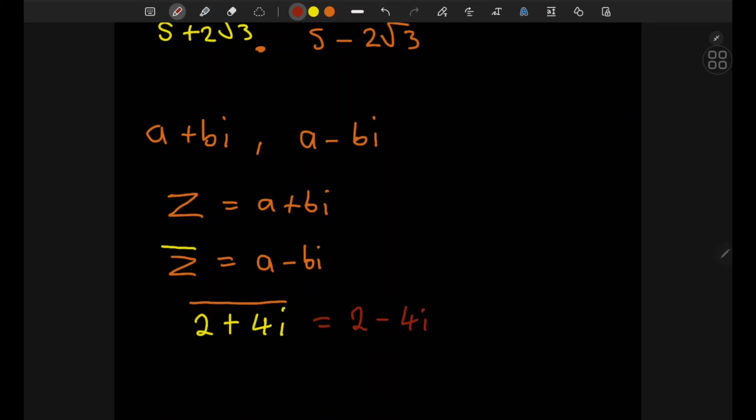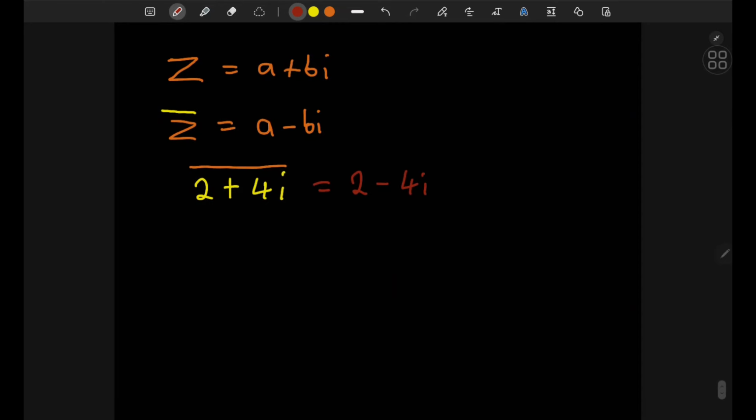So whenever you see a bar on top, it means get the conjugate of that expression. So let's try to consider something here. If we were to multiply a complex number by its conjugate, what is the product? So let's say 2 plus 4i, we multiply this by its conjugate.